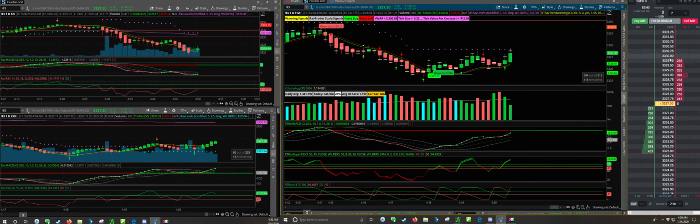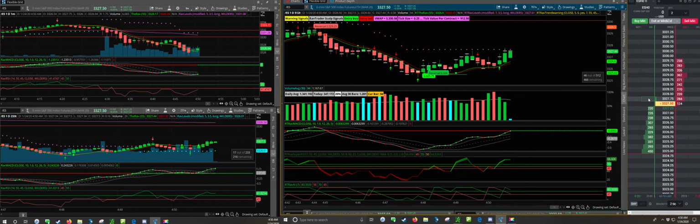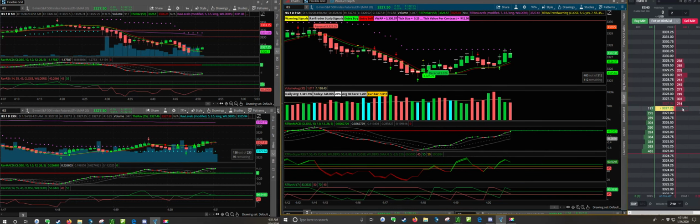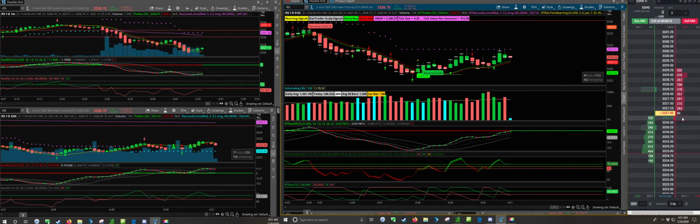Order 28 filled. Long above the magentas. If we bust the magenta at 28, we might make a run to the VWAP. Order rejected. 26.5 short.